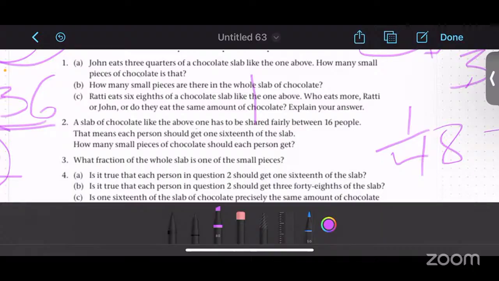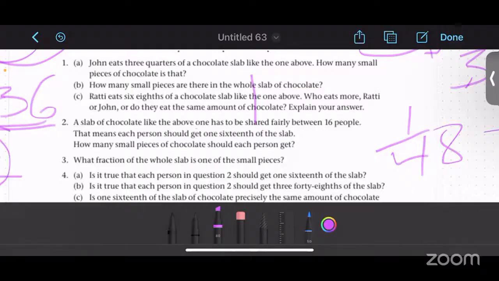Number 4 says, is it true that each person in question 2 should get 1/16 of the slab? Is it true that each person in question 2, a slab of chocolate like the one above is shared? Is it true?